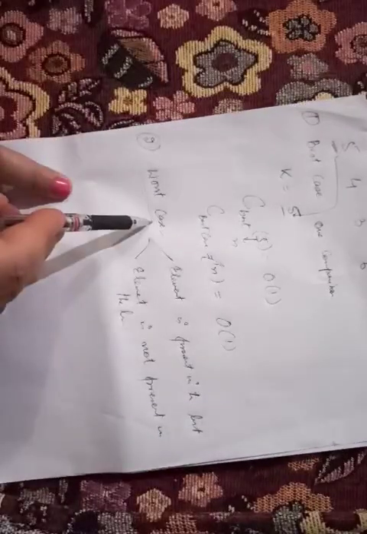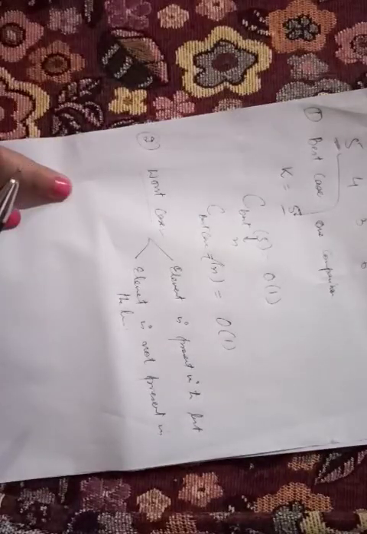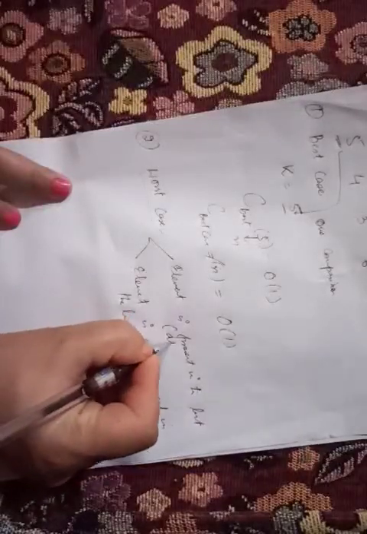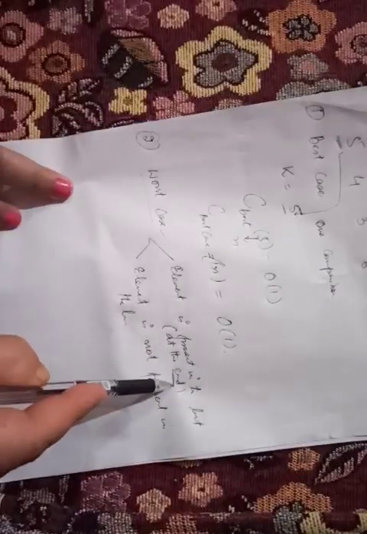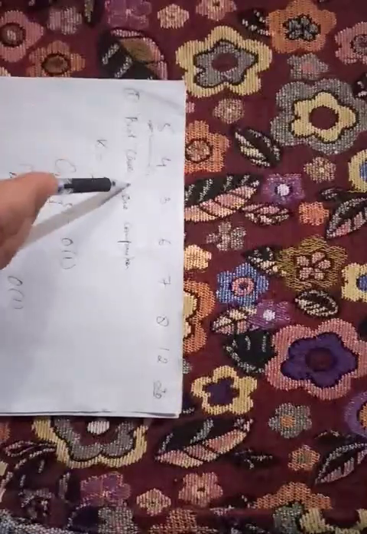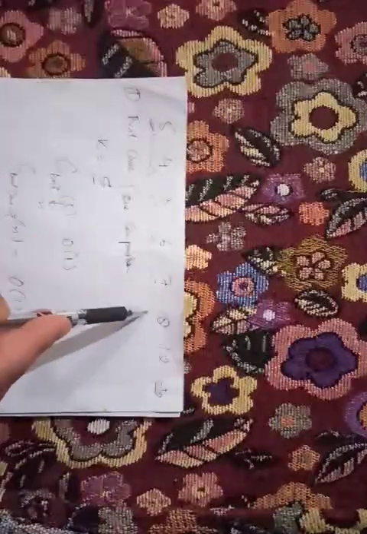The worst case of linear search will be when the element is present, but is present at the end. If the element is present but at the end, that means you have to perform n comparisons, isn't it? Say the element which you want to search is 20. How many comparisons do you have to perform? You have to perform all the n comparisons in order to reach the element.